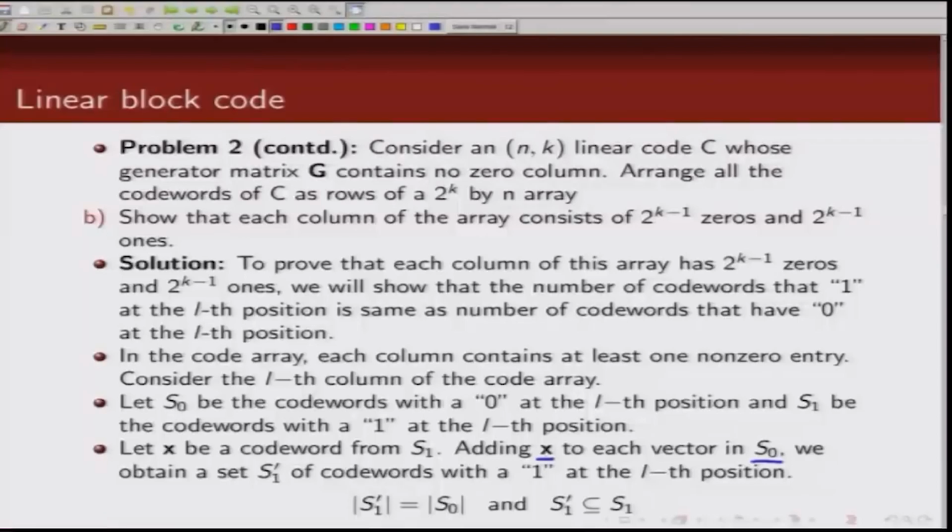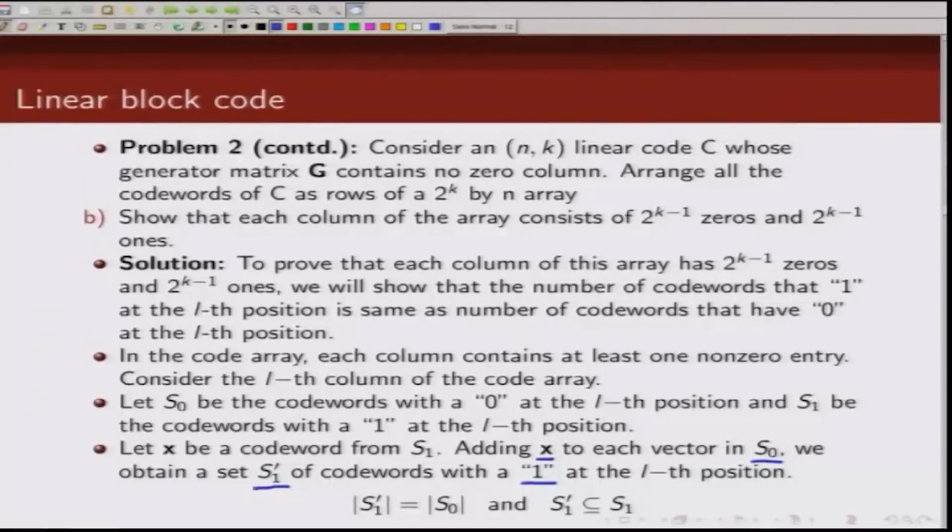Now if we add this code word X to all the elements in the set S0, what do we get? We get a set containing 1 at the lth location. Why? Because S0 has 0 at the lth location, and X is taken from S1, so X has 1 at the lth location. We denote this class of code words by S1 prime, and S1 prime will have 1 at the lth location.